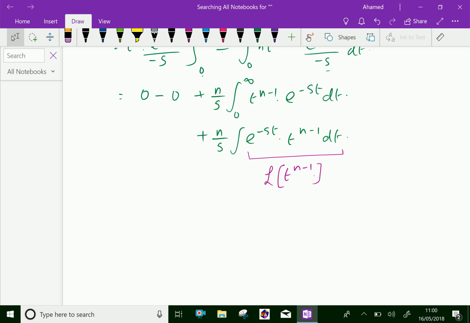So we are getting here Laplace transform of t power n equal n over s into Laplace transform of t power n minus 1.